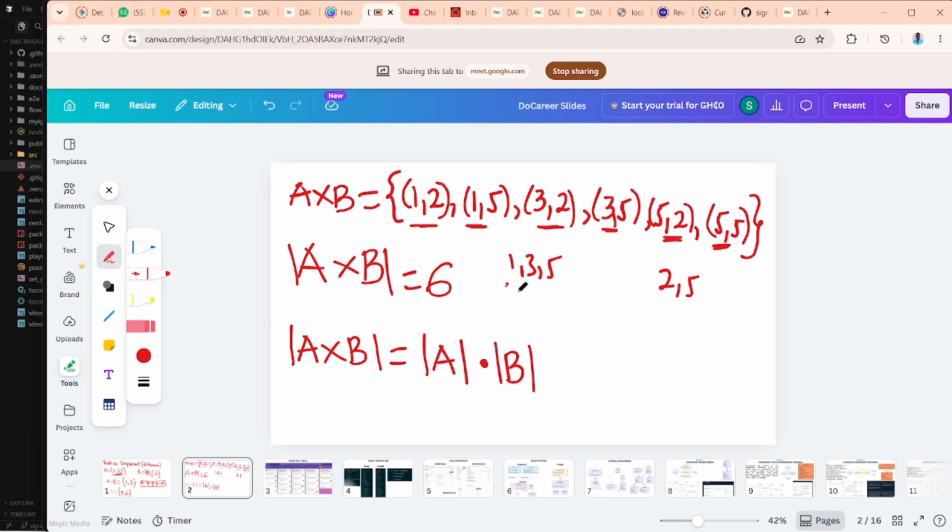So the cardinality of this is 3, and the cardinality of this is 2, which gives us 6. Sometimes they give you a long set, and people try to write the pairs and the table before counting, but you can just do 3 times 2 if you know this concept.